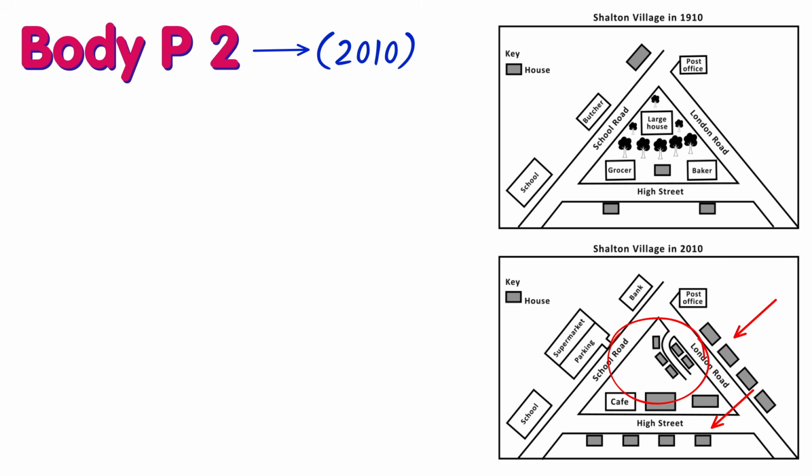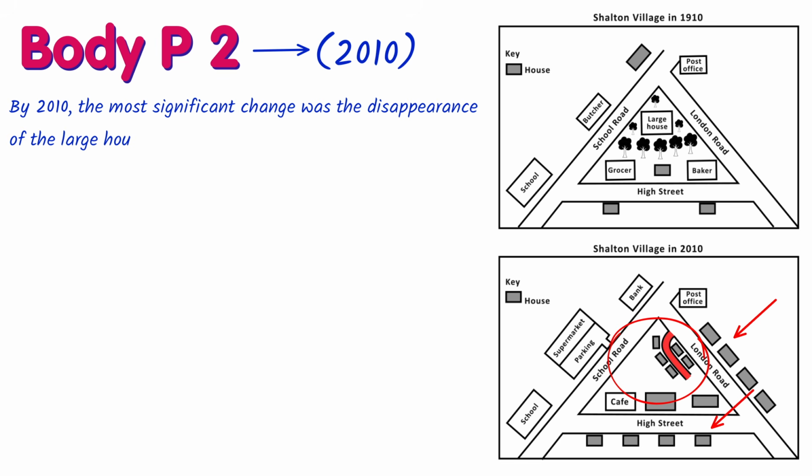And there is also a road, as you can see, London Road. There is also another road which branches off from London Road. So we can write first about this. By 2010, the most significant change was the disappearance of the large house and surrounding greenery to make way for something.